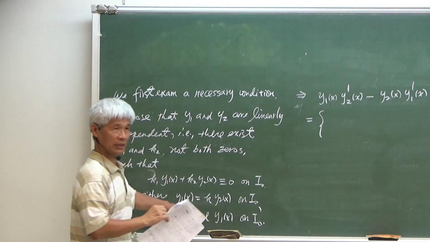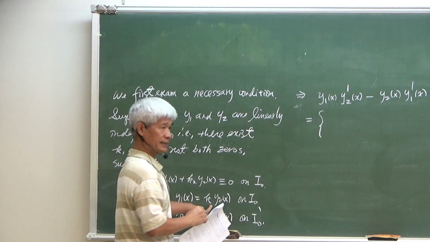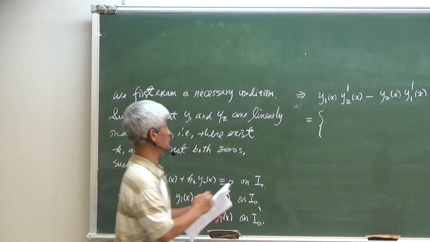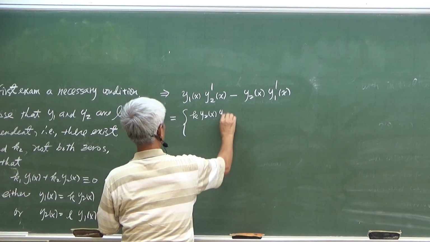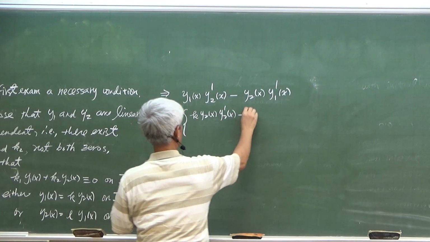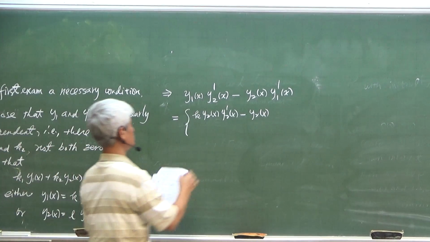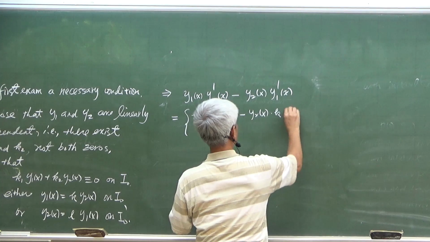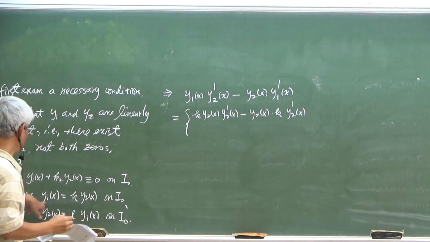For the first case, Y1 can be expressed as k times Y2. So it's k Y2 times Y2 prime minus Y2 times Y1 prime, where Y1 prime is equal to k Y2 prime. Okay. This is for the first case.